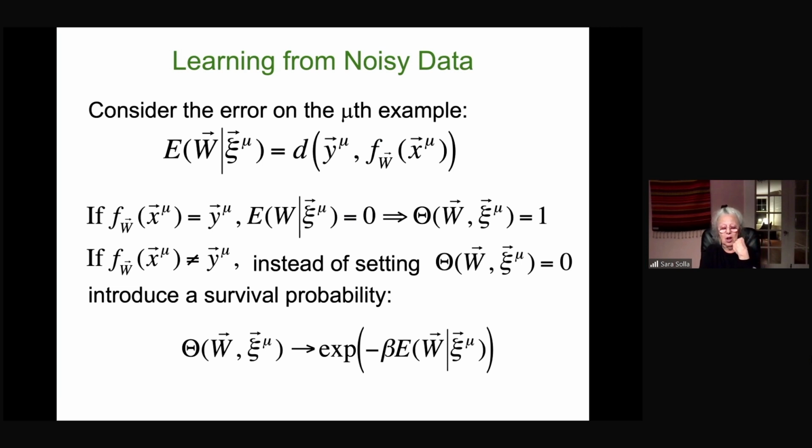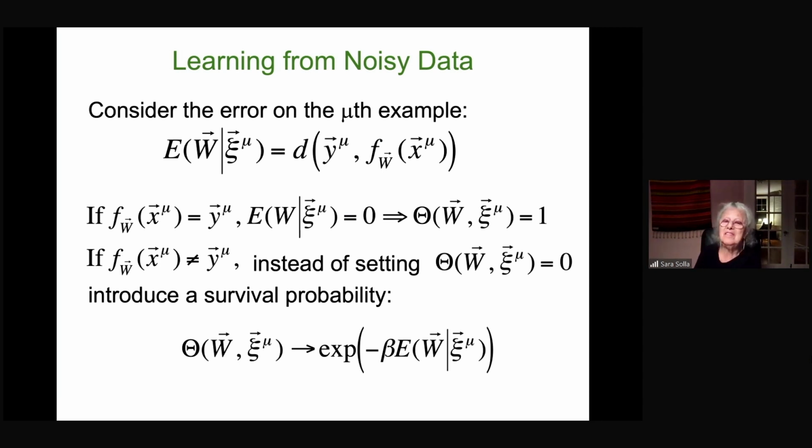We want to incorporate what should be this penalty paid, which is not exactly setting the survival probability equal to 0, not setting the masking function equal to 0, but we want to introduce a survival probability theta mu of W and X mu, which is going to be an exponential function of this error. So when the error is 0, this is equal to 1. When the error increases, this decreases monotonically as the error increases.